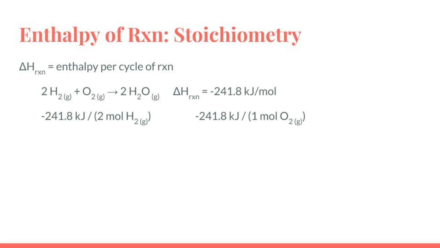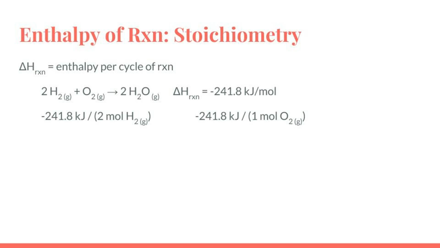Now, you need to be careful about delta H of reaction because the delta H of reaction is the enthalpy per unit of reaction for every time the reaction occurs. So the enthalpy of reaction for the formation of water is negative 241.8 kilojoules per mole. What that means is per stoichiometric equivalent moles.